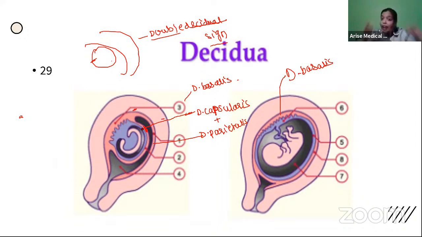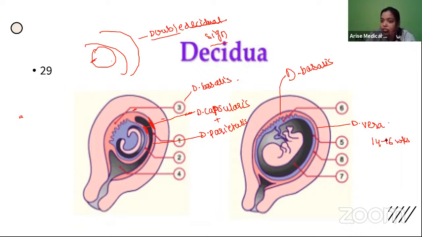As the baby grows, the capsularis and parietalis will fuse with each other and form decidua vera. So what will it form? It will form decidua vera. At how many weeks decidua vera is formed is also one MCQ. It is formed around 14 to 16 weeks.